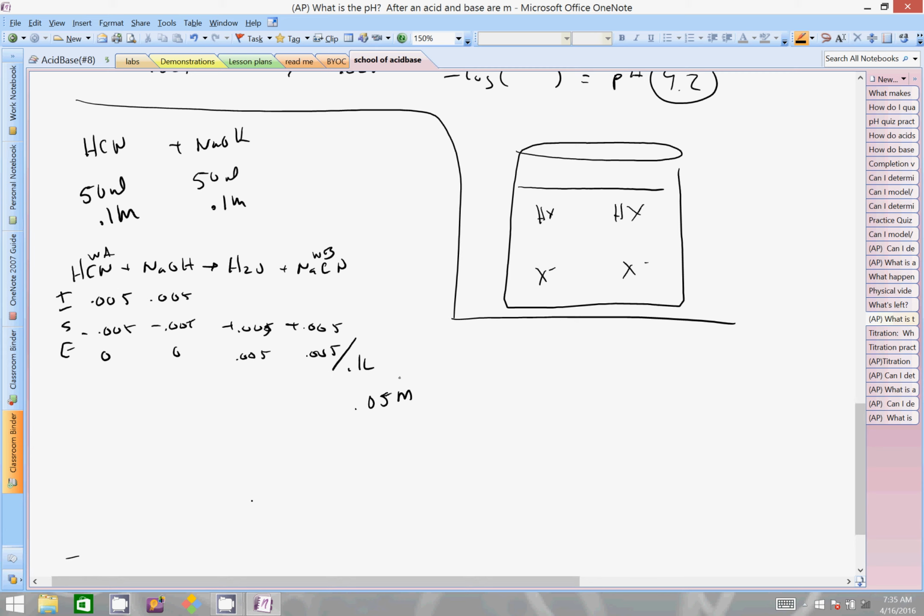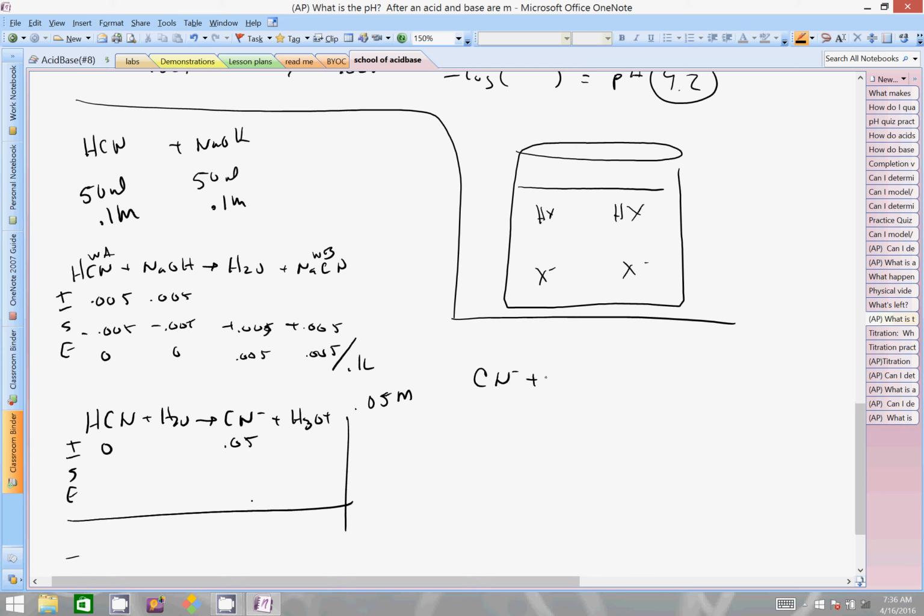Now I only have the base, so you can't run an acid hydrolysis equation, HCN plus H2O yields CN negative plus H3O plus, if you have initial value here of 0. It just mathematically starts to clunk out. So whenever you have just the base, which in this case is 0.05, you need to run the base equation.